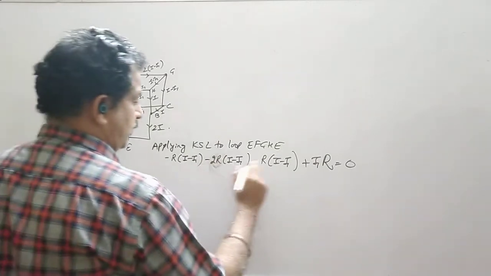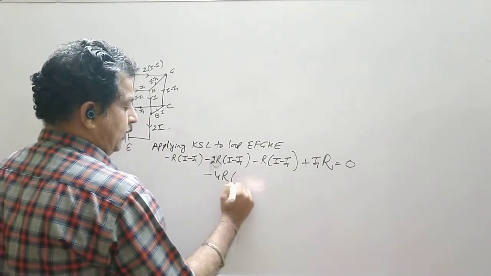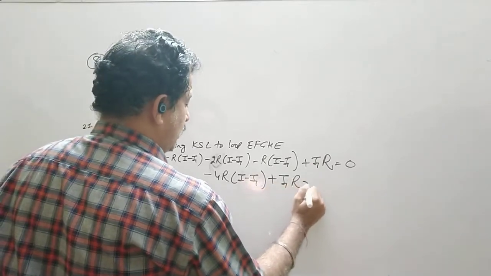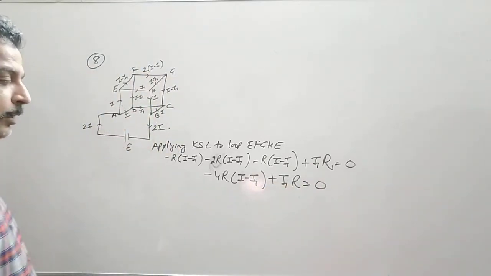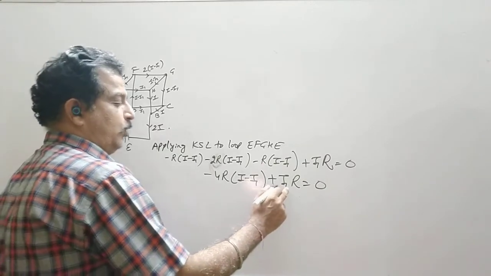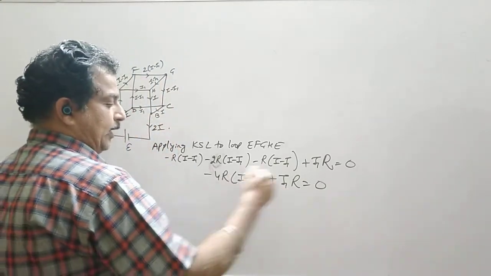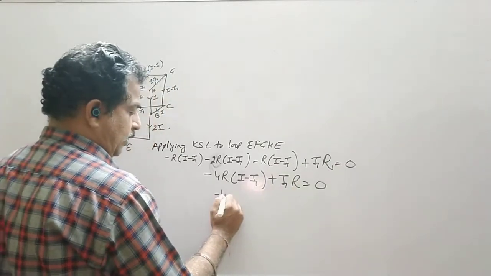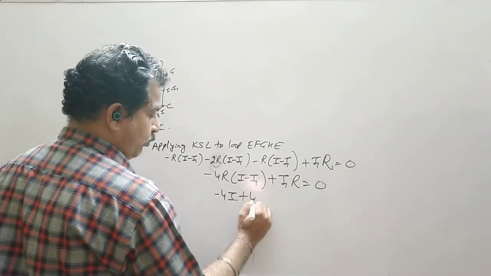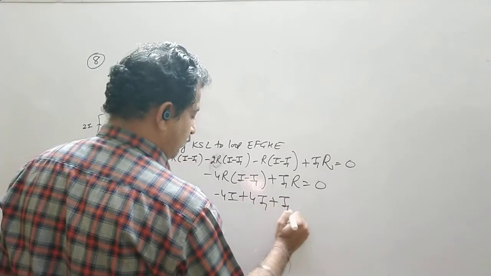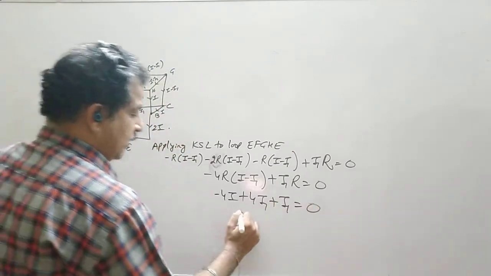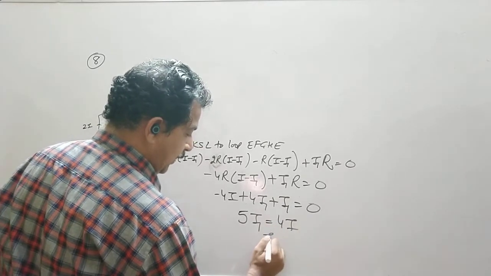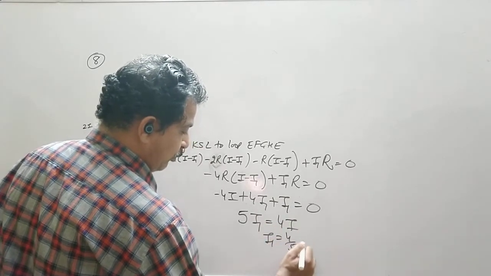These are the same terms, so minus 4R(I minus I1) plus I1R is equal to 0. So it will directly give the relation between I and I1. R is cancelled. So we have minus 4I plus 4I1 plus I1 is equal to 0. So 5I1 is equal to 4I. So I1 is equal to 4 by 5 I.